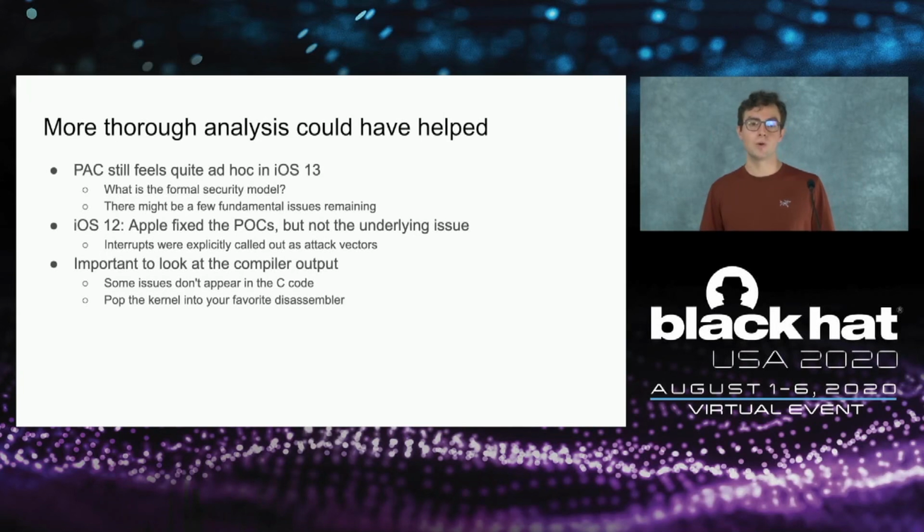Now, another thing which I think is worth pointing out is that when I initially reported the proof of concepts for the iOS 12 bypasses, Apple was able to fix the specific PAC bypasses that I reported, but they did not address the underlying issue for that 5th bypass, which is that interrupts were enabled. And I find this a little bit disconcerting because I explicitly called out the fact that interrupts were dangerous during thread state signing operations in my initial report.